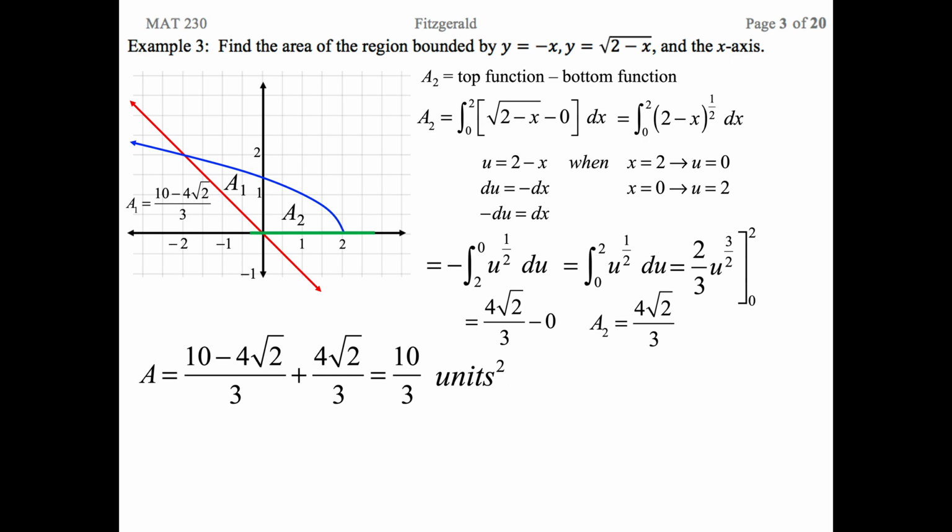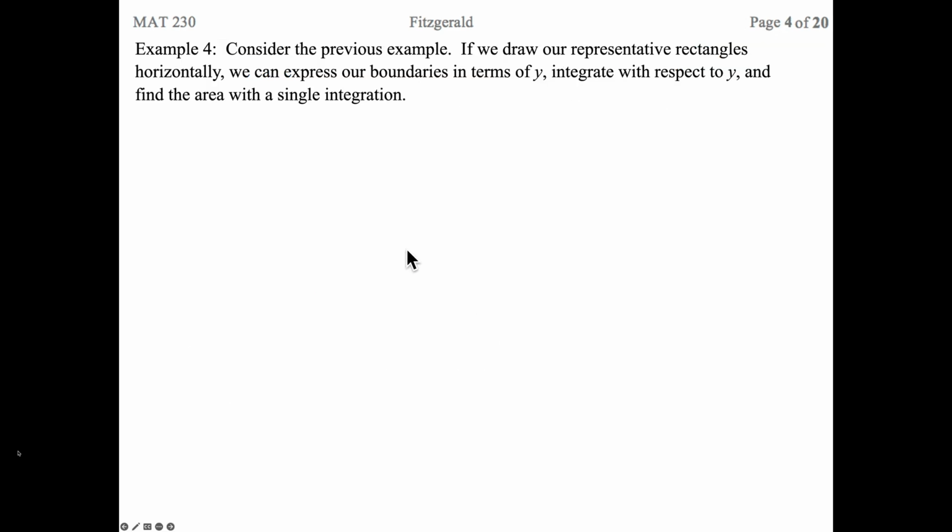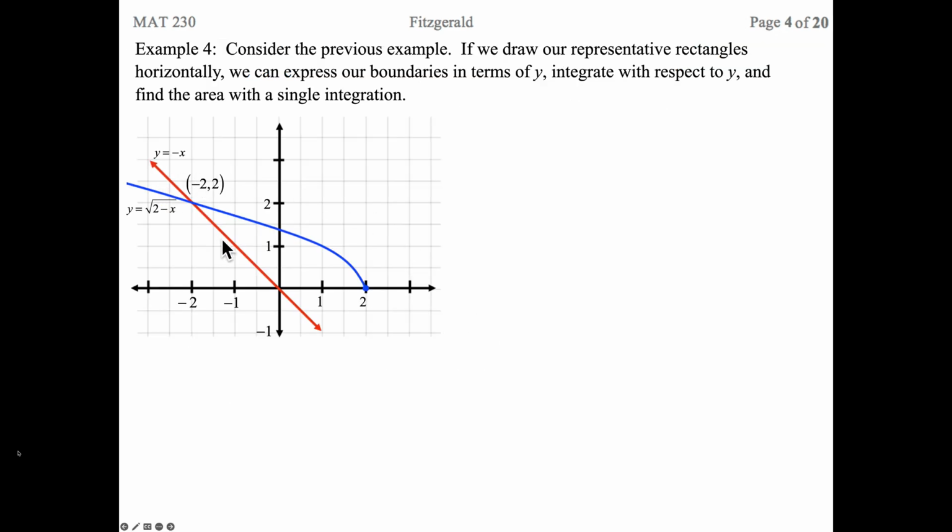Now, what we want to do is say, holy cow, that was too much work. Here's another approach. Same picture, same points of intersection, but you're going to notice I don't have my green line down here. We can consider, instead of having a vertical representative rectangle, let's go horizontal.